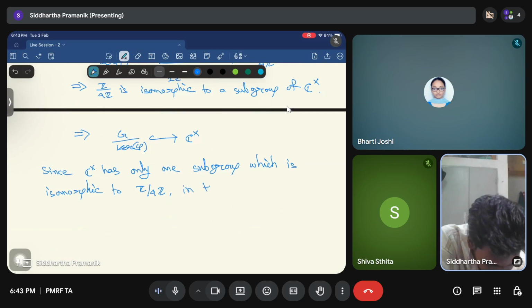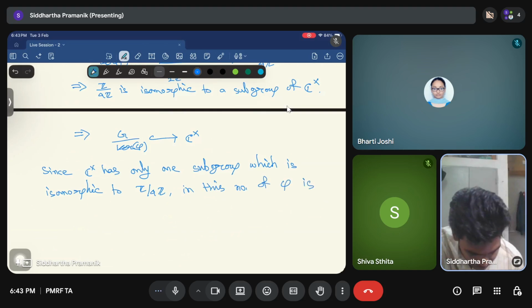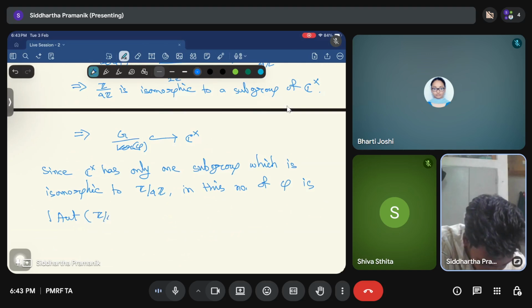So in this case, the number is the cardinality of the automorphisms of Z mod 4Z.